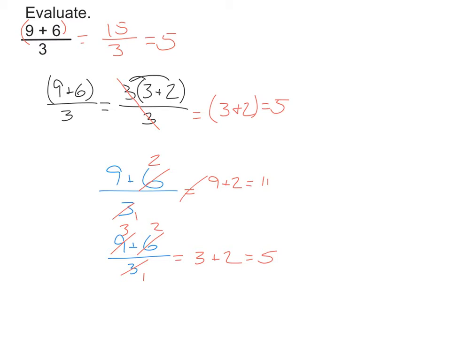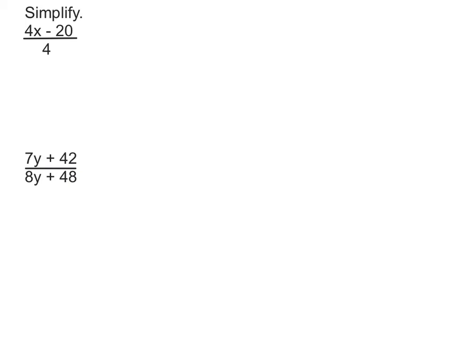Let's take a look at some harder examples using some variables. So the directions now have changed to simplify. We can't evaluate because we don't know what our variables are going to equal, right? They're unknowns. So we have 4x minus 20, all divided by 4. We can do this in a couple different ways. We can notice that, oh, there's a 4 on top that divides out of everything.